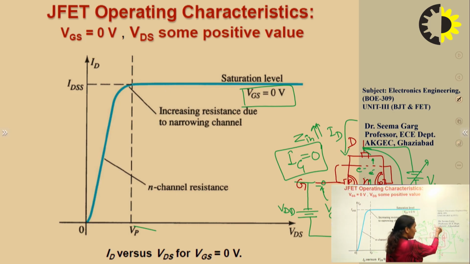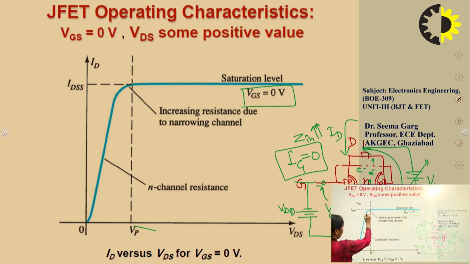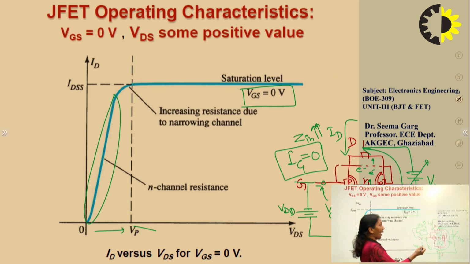Now because this current flows through the network, some voltage drop will take place across the material, which is a reverse voltage. So together with the rise in VDS, the current will start increasing. Here you can see as we are increasing the voltage, the current is increasing, but at the same time the depletion region is also increasing.